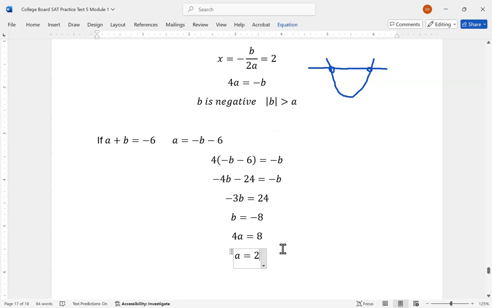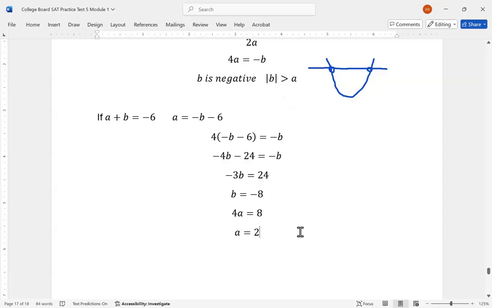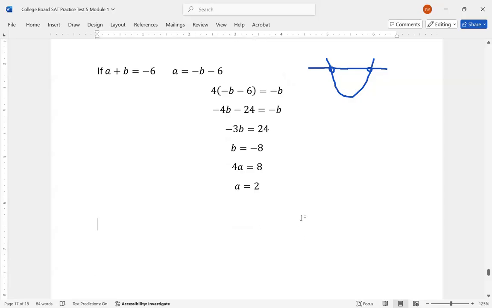So I don't have any issues in that case, or at least seemingly I don't. Let's look at the other case, if a plus b were equal to negative 3. That was my other option. Then I could say a is equal to negative b minus 3, and I can do the same process, a little bit quicker.